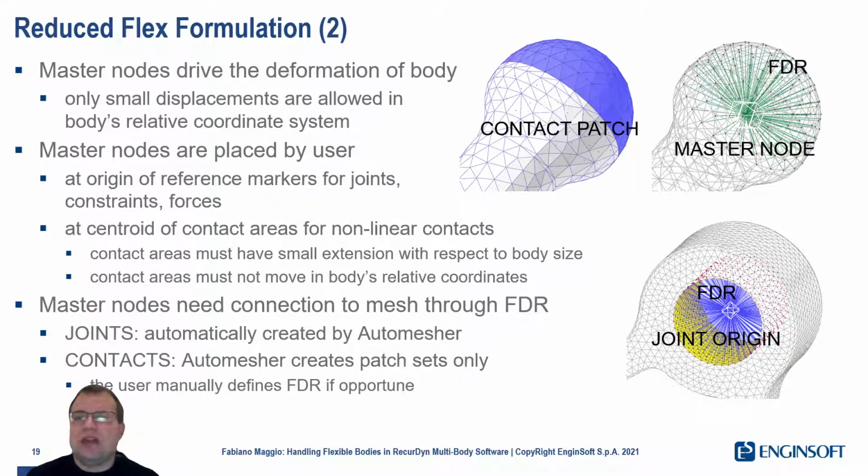In reduced flex formulation, as in full flex formulation, we have to connect the body with the rest of the model, with the rest of the world. As said, we look at the master nodes. These are mandatory for reduced flex formulation, and the master nodes are then connected to a number of other nodes selected in the body.